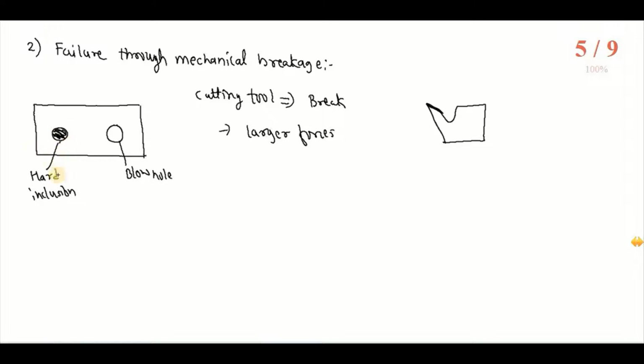When it collides with this hard inclusion or blowholes, then at this end the tool tip will chip away, and when it is chipped away, we will get this type of shape of the tool material. So if hard inclusions are there and we apply larger forces, we will get this type of breakage of a tool, which is called mechanical breakage.